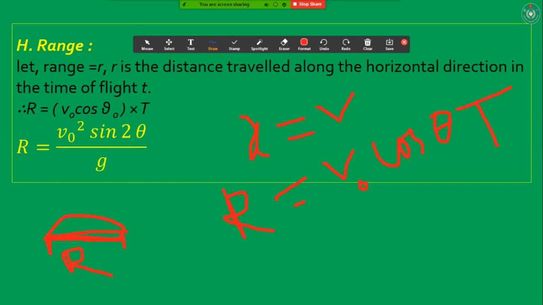Now I'm going to discuss the maximum horizontal range. When will you get maximum horizontal range?